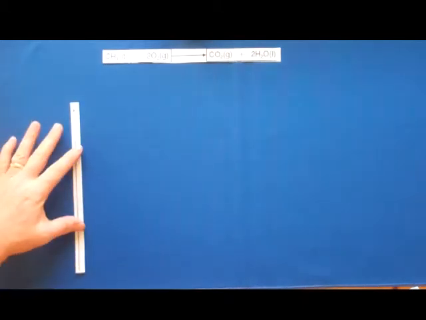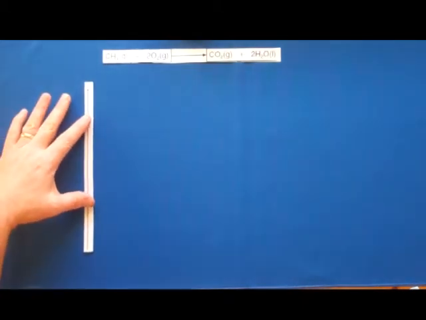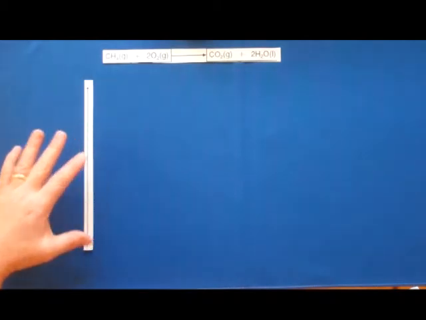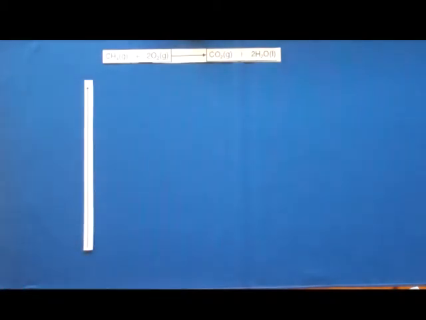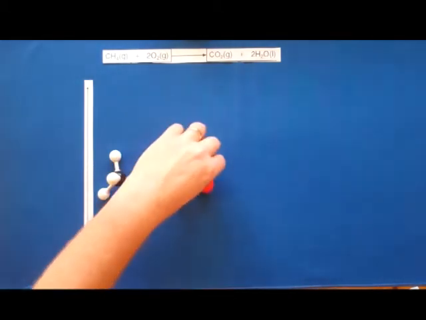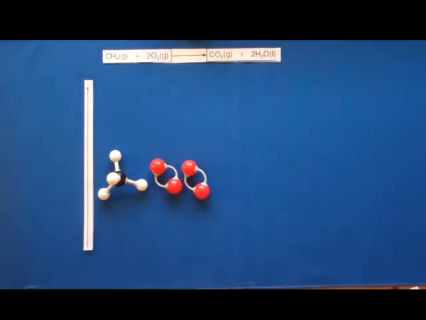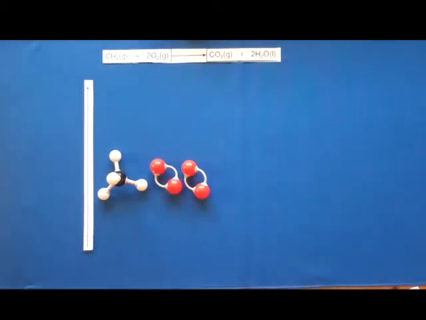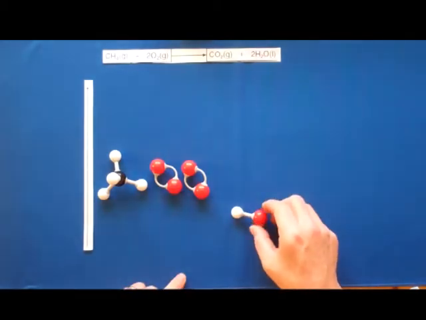Okay. This arrow here represents increasing energy, and I'm going to place my reactants at a point here on this diagram. Okay. Now my products I'm going to put on this side.